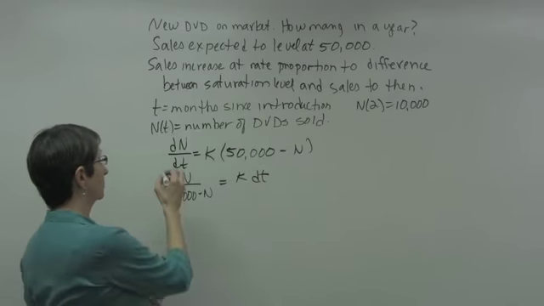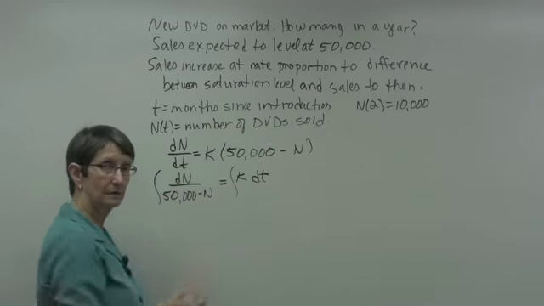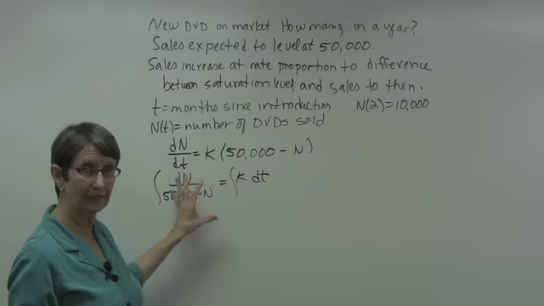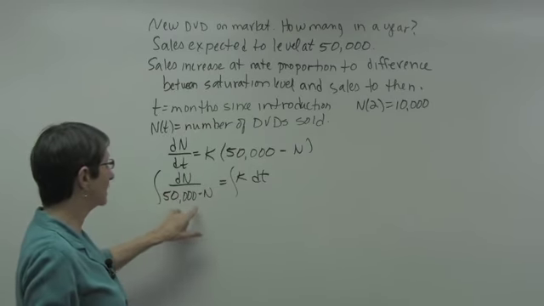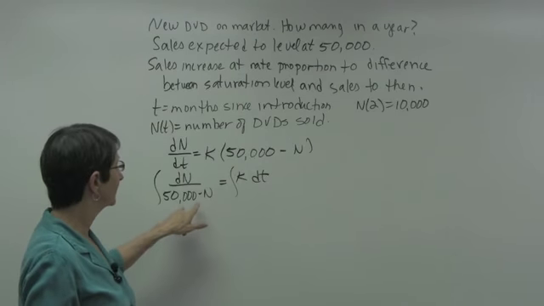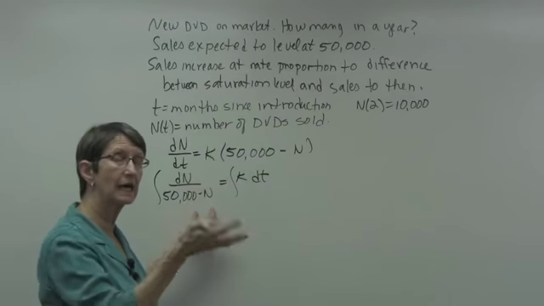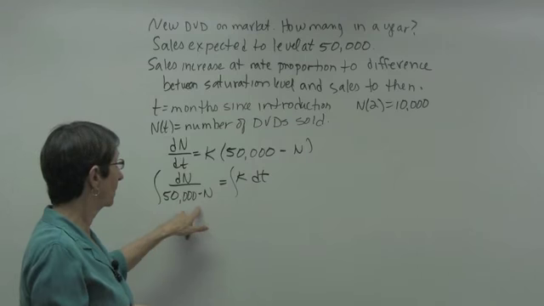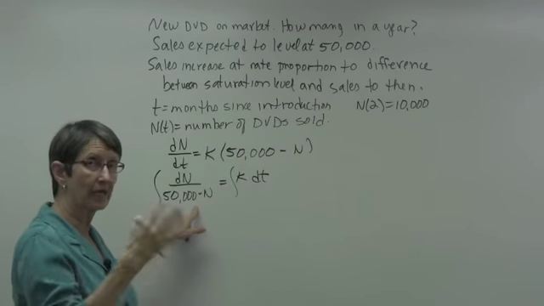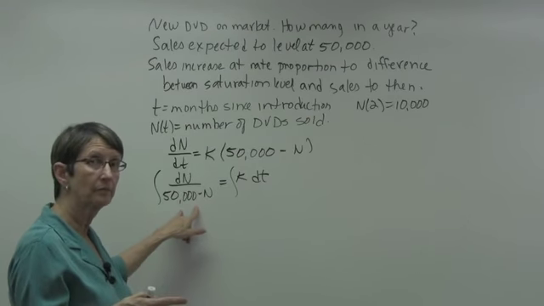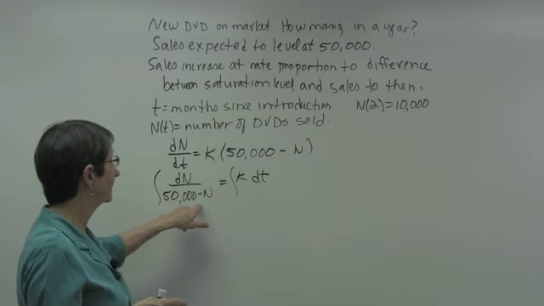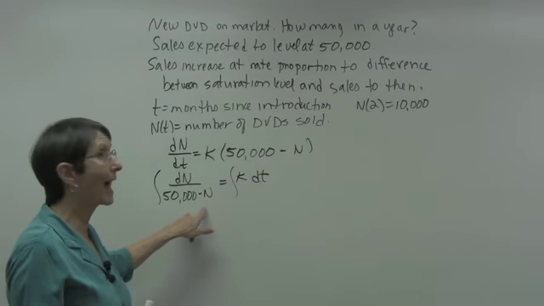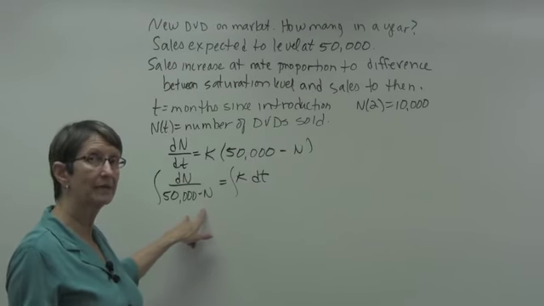So when I go to do my antiderivatives, I have to look at this. But note there's something different here. Since I'm subtracting N, it's not like the last example where it was just N plus a constant or S plus a constant. If I do my u, du here, I do have an issue with the negative sign.